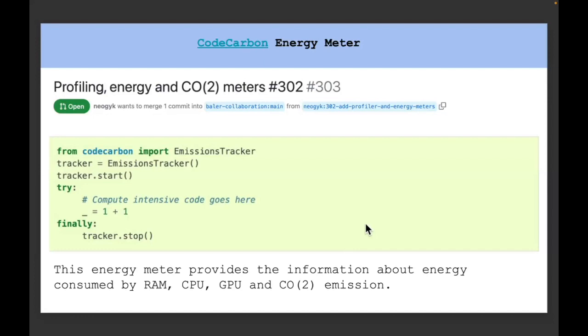So here you can see the code. It works pretty simply. As you can see, it could be converted to a closure, and it's possible to inspect on an instruction-based level the energy and power that is consumed by RAM, CPU, and GPU.